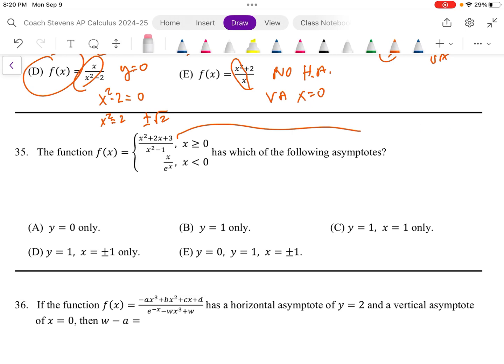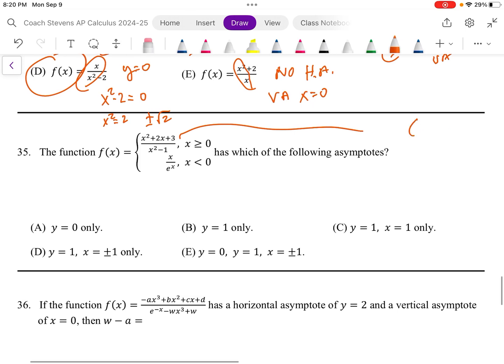Oh, goodness, that doesn't factor. The bottom factors, so the top stays the way it is, x squared plus 2x plus 3. The bottom becomes x plus 1 times x minus 1.